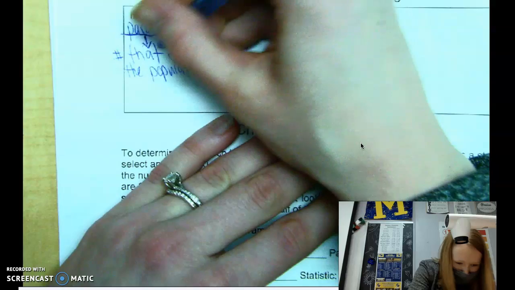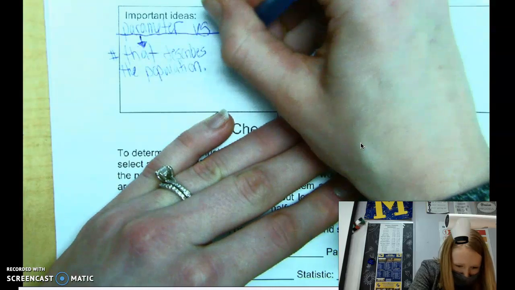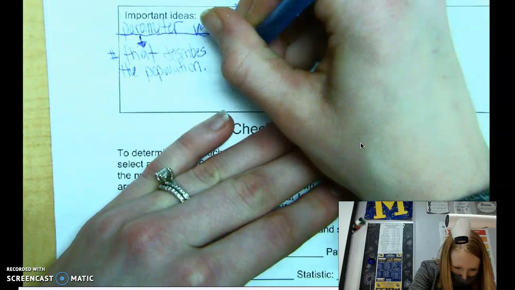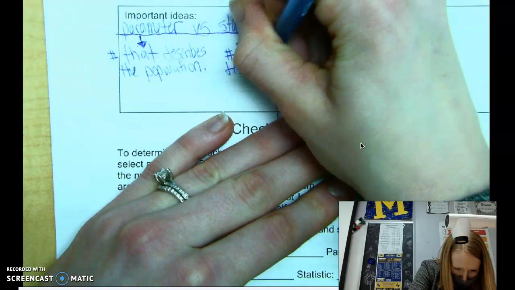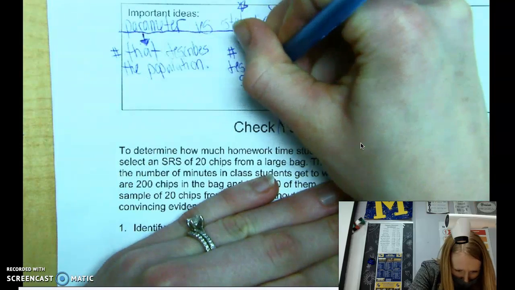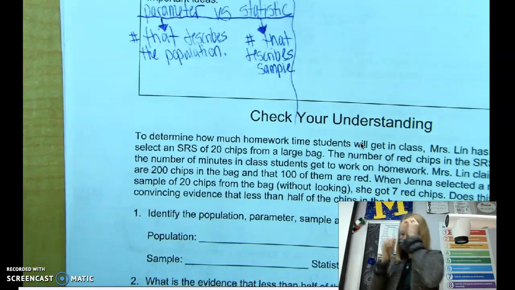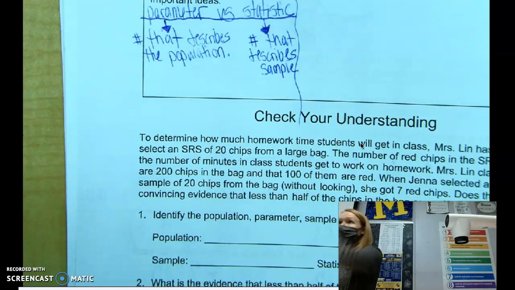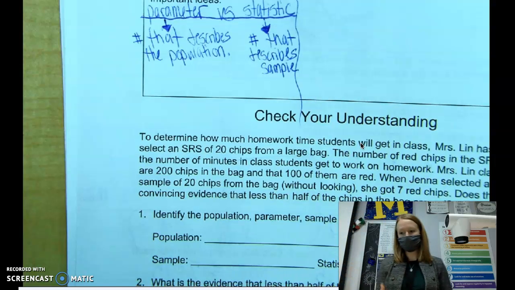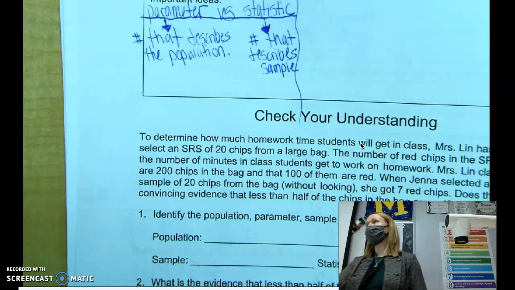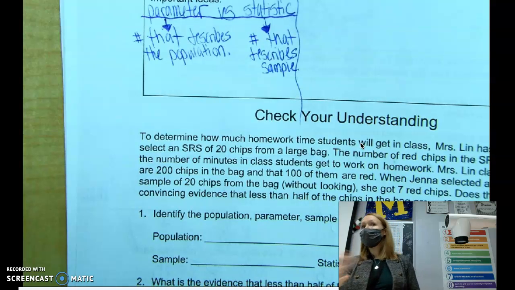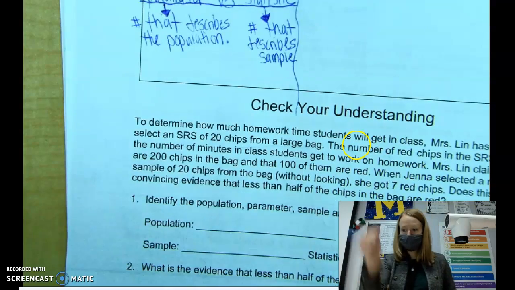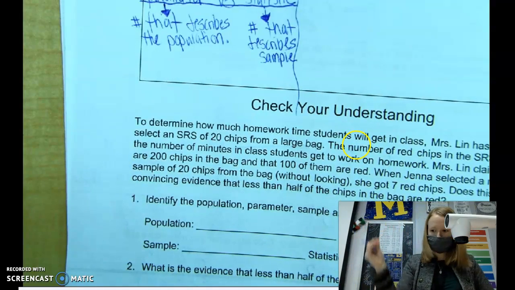The S's go with the S's and the P's go with the P's, right? So remember, you're only using the parameter symbols if you're discussing numbers that apply to the population. You're going to use the statistic symbols when you're talking about a sample from that population. It's not super common to have numbers from the population, so more often than not, you're going to use the statistic symbols.